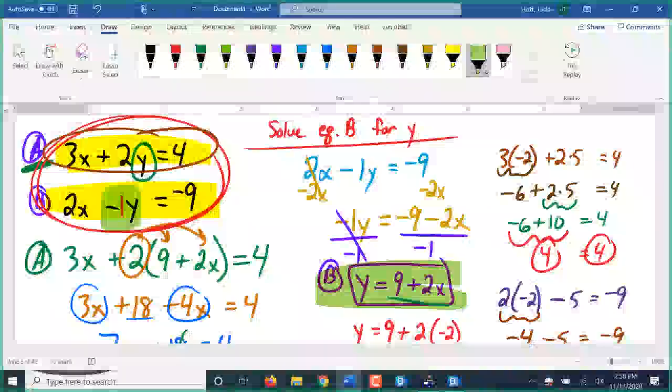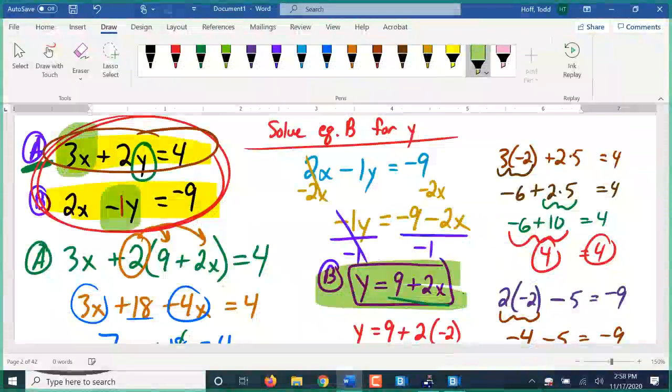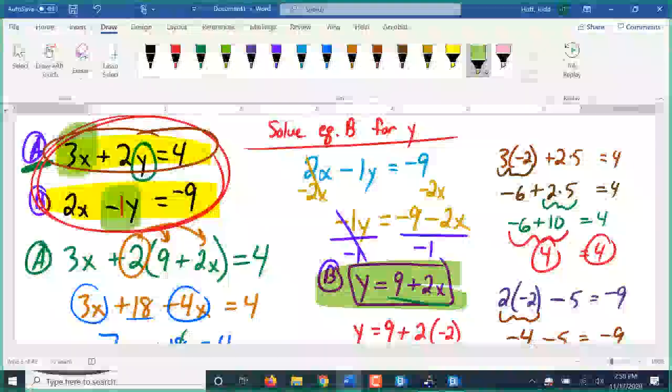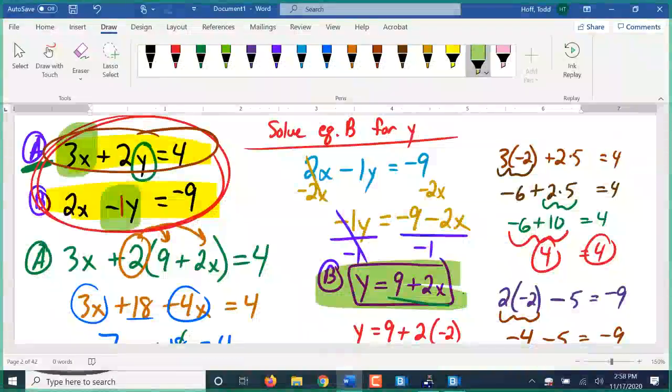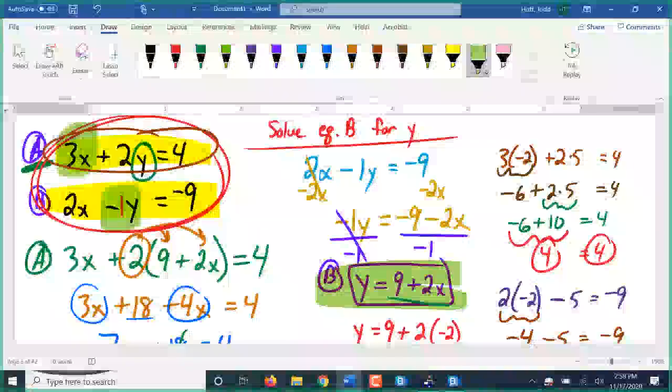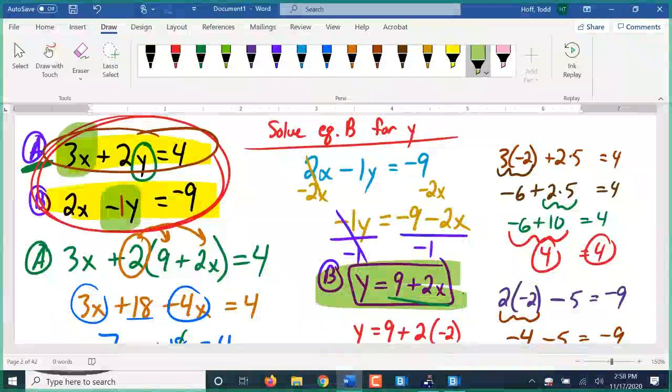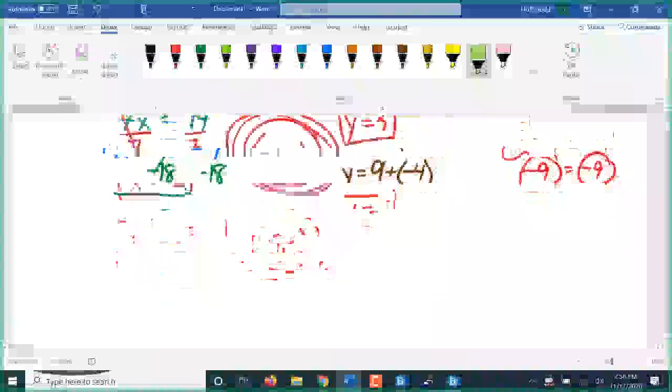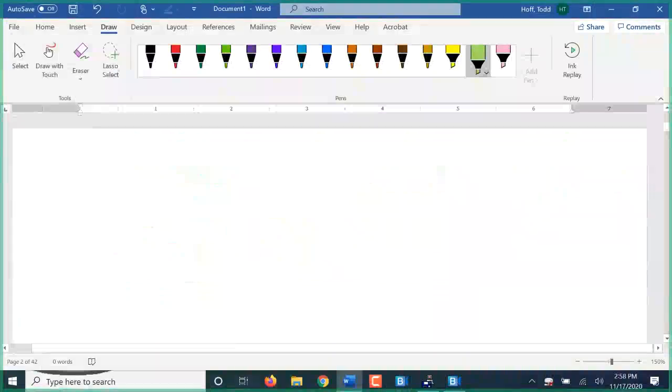If I had solved for the x in that first equation, I'd end up with either repeating decimals or fractions I would have to work with. It would still work out. It's just a lot more complicated to do all of our calculations if we have fractions or long repeated decimals in them. In fact, if it's repeated decimals, we have to keep them fractions. Otherwise, it's going to have some round-off errors in it.